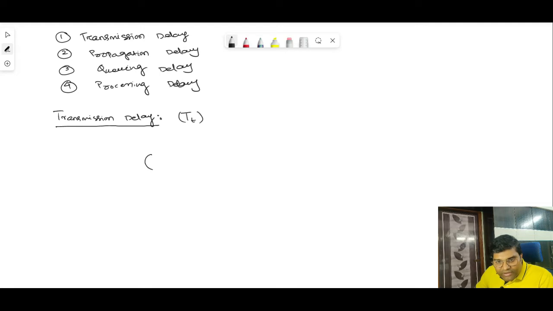For example, this is source A and this is destination B and they are connected with this transmission media. It is the amount of time taken by the host to transfer the packet to the outgoing link. What is the meaning? For example, this is the packet. The amount of time this source takes to put it on the outgoing link is called transmission delay.